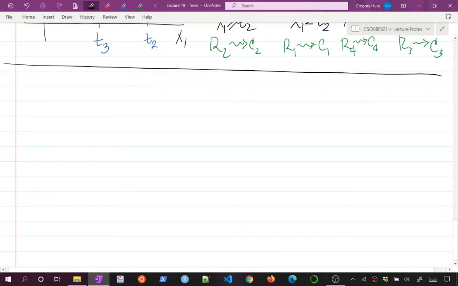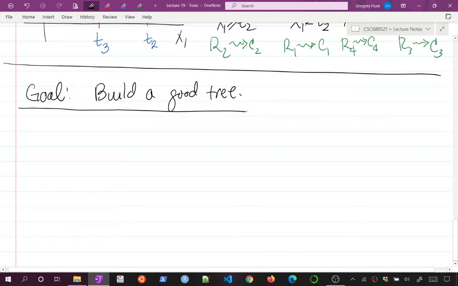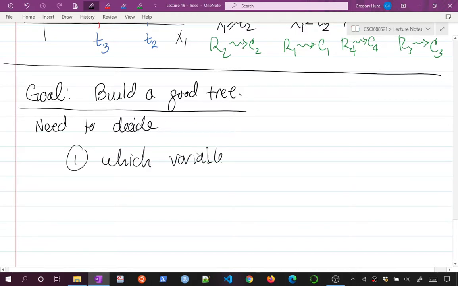We haven't really nailed down some of the details. And our overarching goal is we want to build a good tree. So the things we need to decide: one, which variable to split on.